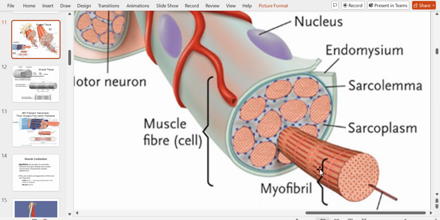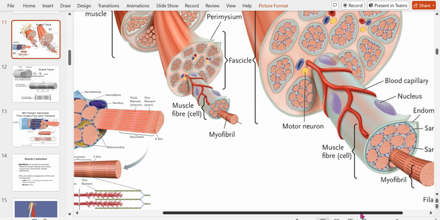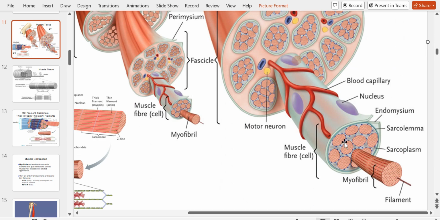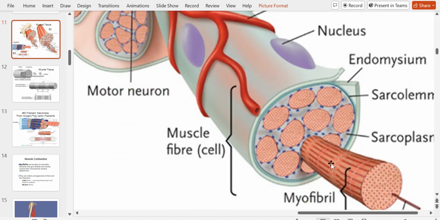All right, so now within a muscle fiber, you'll see that if we pull these guys out, it's called a myofibril. And you'll see what we get here. Sorry for zooming in, zooming out. There we go. You've seen this before. You may see these striations. This is what gives the muscle its striated appearance.